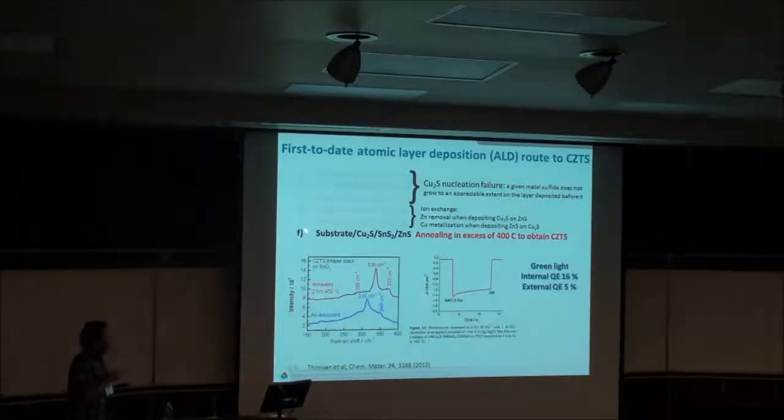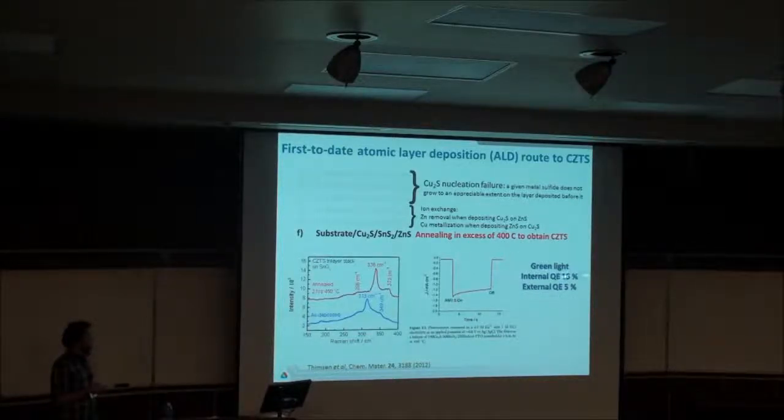When you grow your layers in this arrangement, on quartz or a silicon substrate, and then anneal in excess of 400 C, you obtain CZTS. Shown here is the Raman spectra of the obtained solar cells, which showed photoactivity.